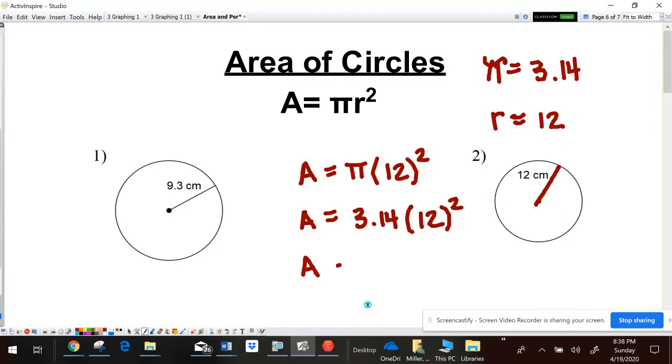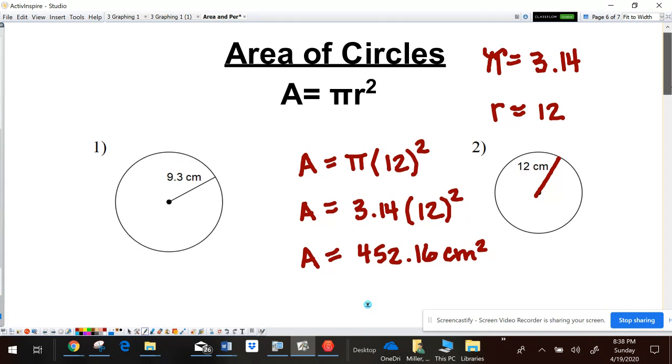And the area of my circle is, that's right, 452.16, and this would be centimeters squared.